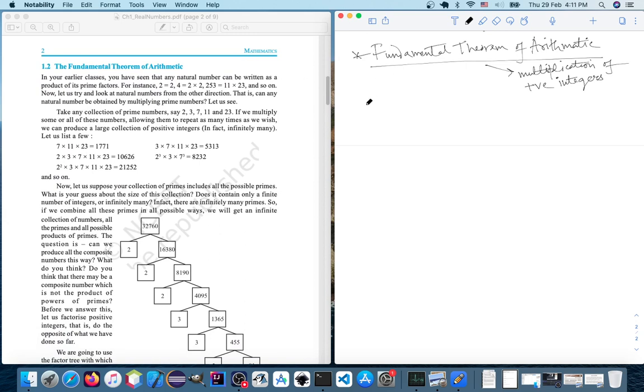Let me just point out the important fact: any natural number can be written as a product of its prime factors.